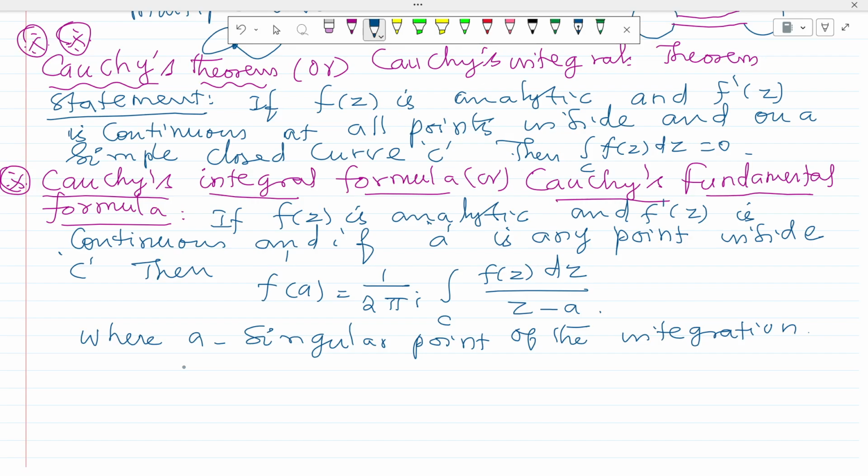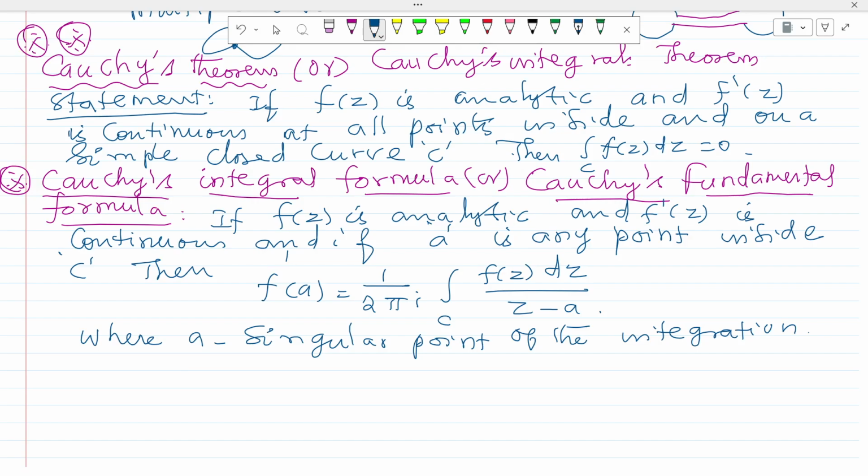If a is outside the circle, the integral will be 0. Only if a is inside the circle does the integral exist.